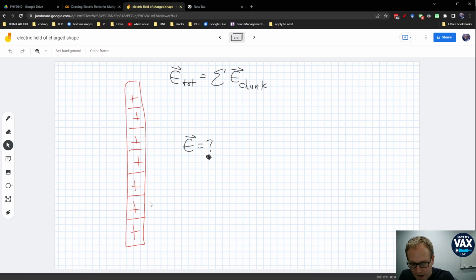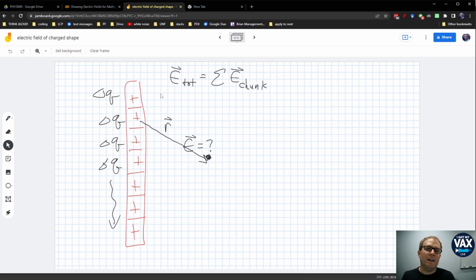So for the mathematical way, what I'm thinking about is making each of these chunks really, really tiny. So I'm thinking about a small piece of charge, delta Q, located at each of these. Delta Q, delta Q, delta Q, etc., on and on down the line. And then what I want to think about is how far away my point is, the point I'm interested in, from each of these.